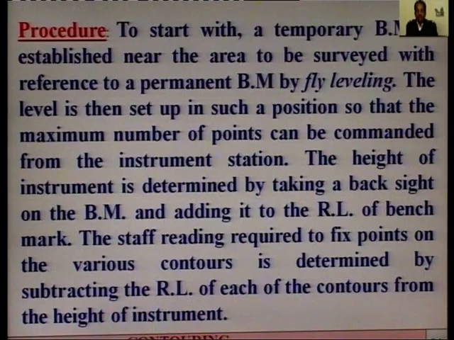The level is then set up in such a position that the maximum number of points can be commanded from the instrument station. The height of instrument is determined by taking a backsight on the benchmark established and adding it to the RL of the benchmark.